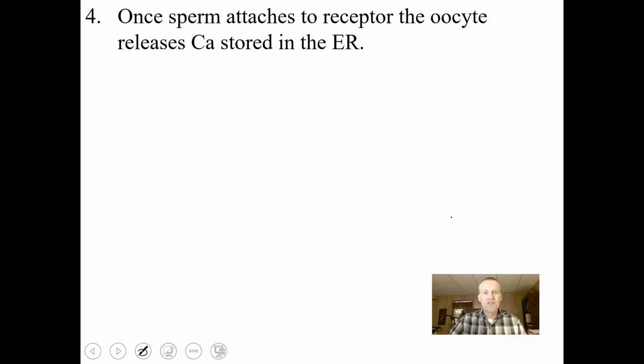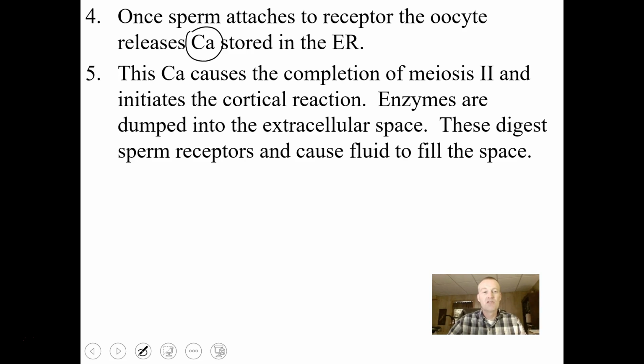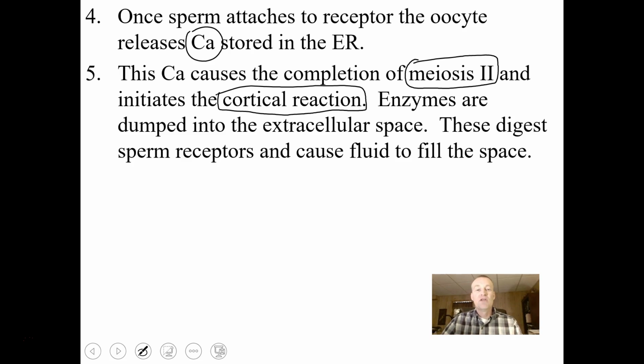Once the sperm attaches to the receptor of the oocyte, it causes calcium stored in the endoplasmic reticulum of the oocyte to be released. This calcium is going to do several things. It's going to cause meiosis II in the oocyte to be completed, and it initiates the cortical reaction. This cortical reaction will cause enzymes that are stored inside the oocyte to be dumped into the extracellular space, and they're going to digest all the other sperm cell receptors on other sperm cells.